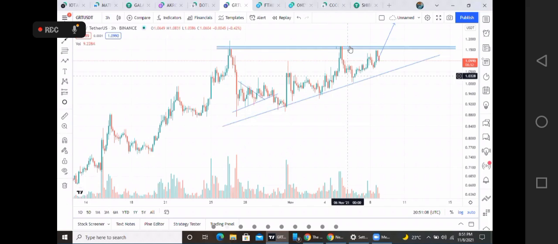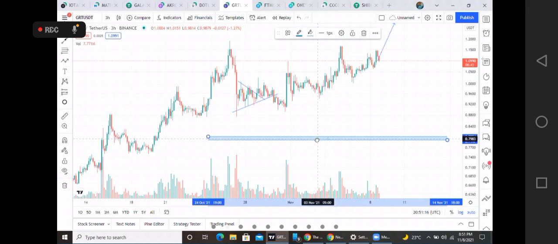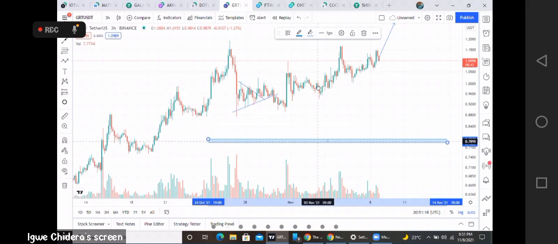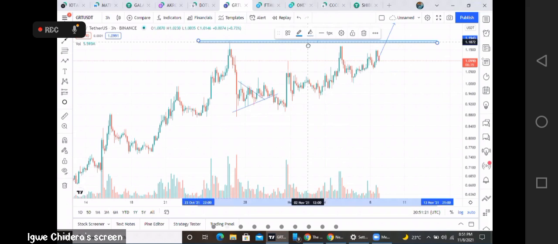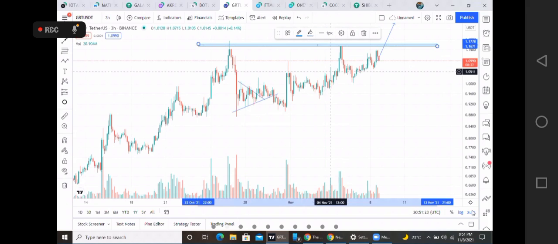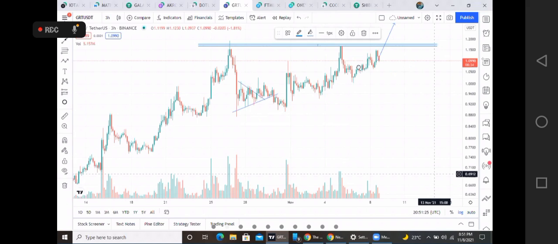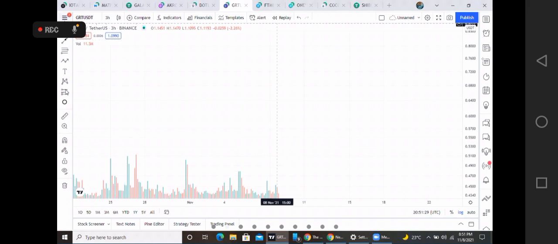First, you have a horizontal trend line. Let me try and make it clear. This is what the structure looks like.